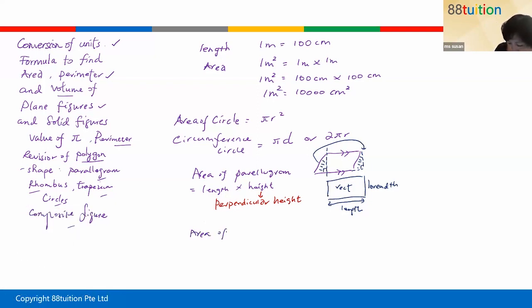The area of a rhombus is quite similar to the parallelogram. A rhombus has 4 equal sides. If you cut it like that, you can see it is made up of triangles, so the area will be the sum of the 4 triangles.